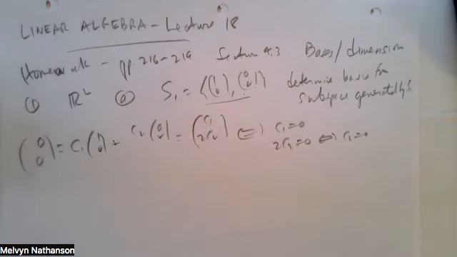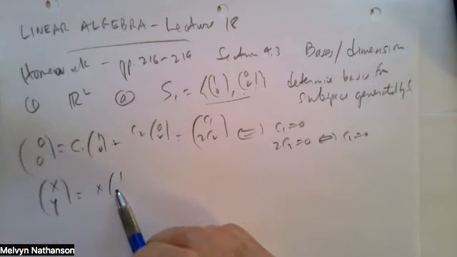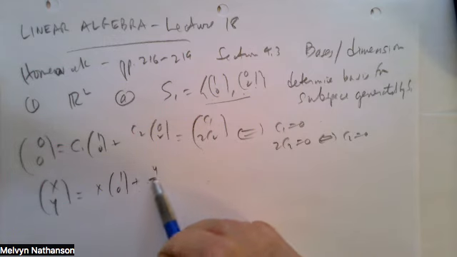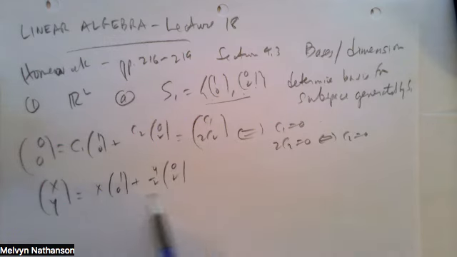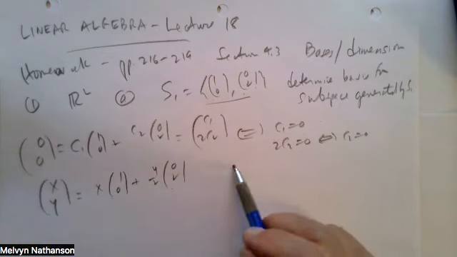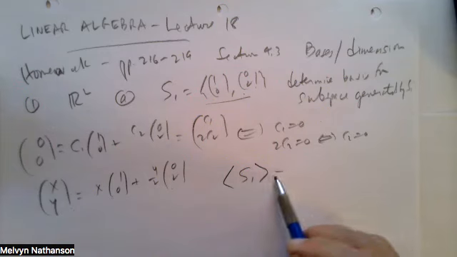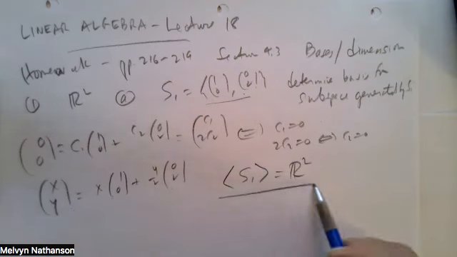In fact, if you take any vector (x, y), you can write that as x times (1, 0) plus y over 2 times (0, 2). If you calculate this linear combination, you get (x, y). So the subspace generated by S1 is in fact all of R2.